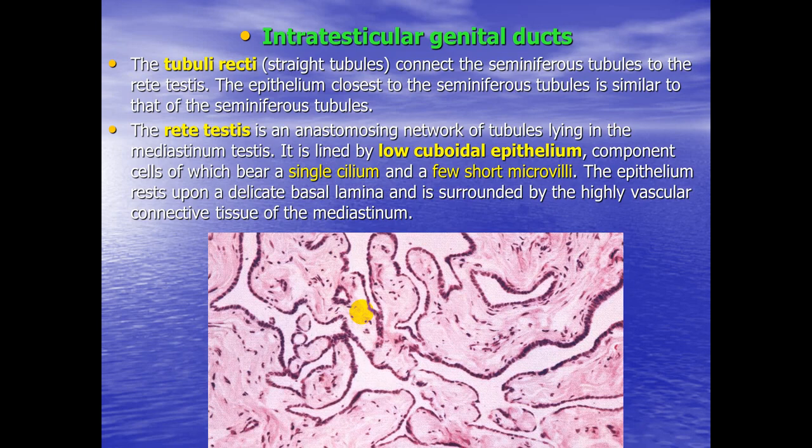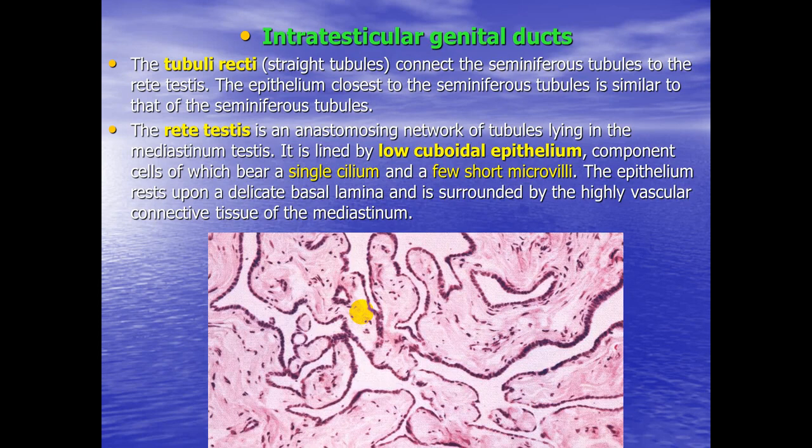Under the basal lamina is the loose connective tissue, the peritubular connective tissue, and then smooth muscles. And contraction of the smooth muscles helps the sperm cells to pass down to the ejaculatory duct.